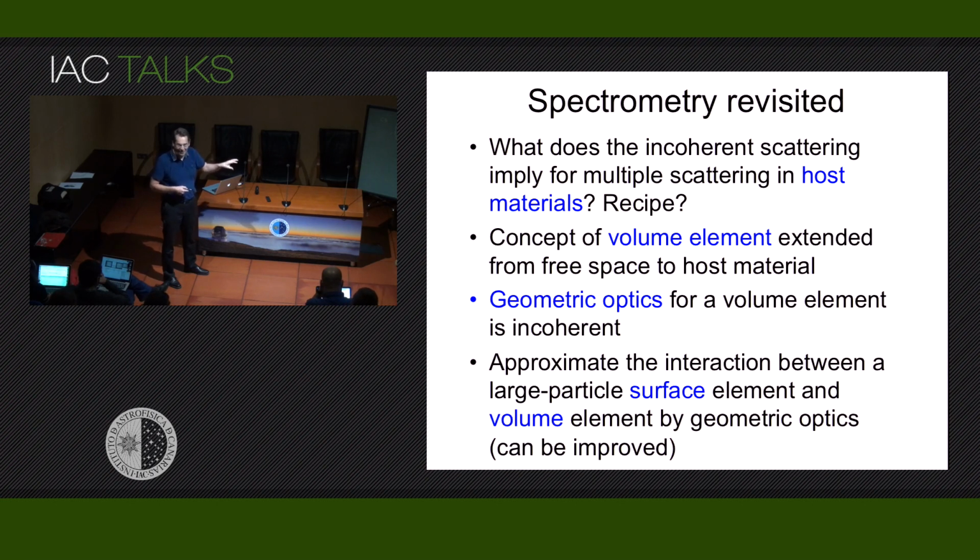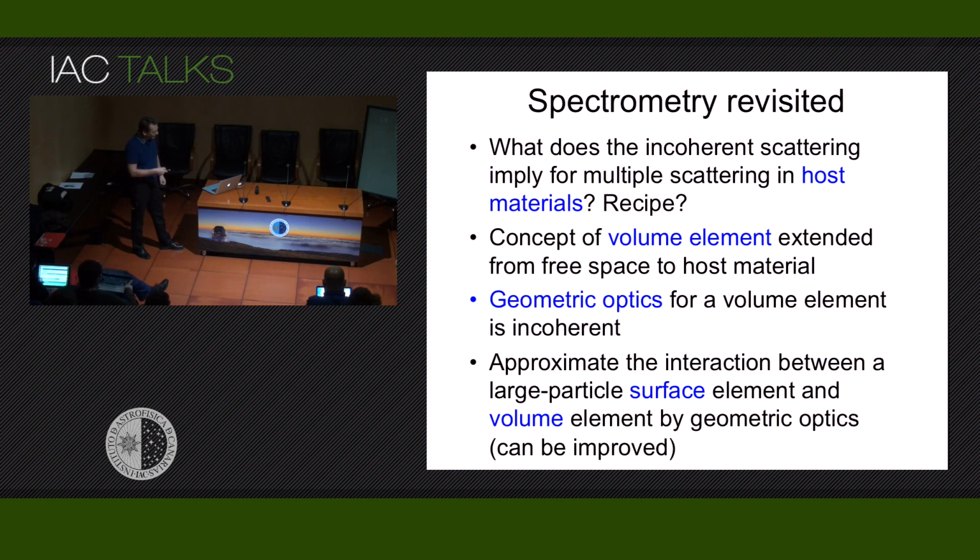You are not changing the outcome at all. If you move that particle around and you do the ray tracing, the result is the same. So geometric optics actually is incoherent by its nature. So we are allowed to do a geometric optics computation and put that, for example, in a host material, put it back to the system.